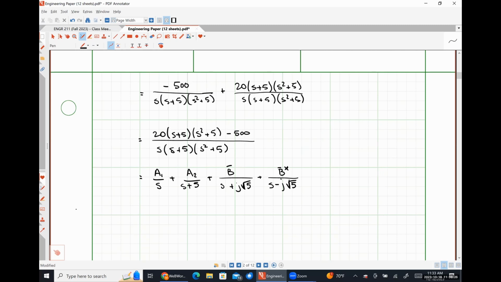And in this business over here, we're going to have some number. I think it's going to be a sine function. Could be a cosine.